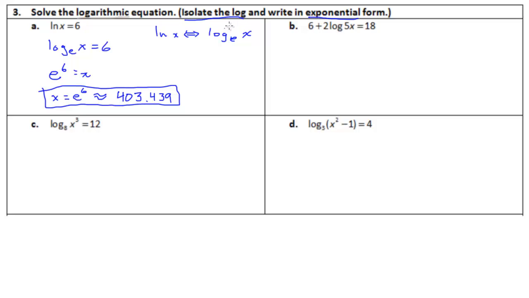Now here, we notice we want to isolate the log, and right now it's not isolated. Treat the log of 5x kind of like x, solving for x. So our first step would be to subtract 6 from both sides. That's going to cancel off 6, leaving us with 2 log 5x is equal to 12.